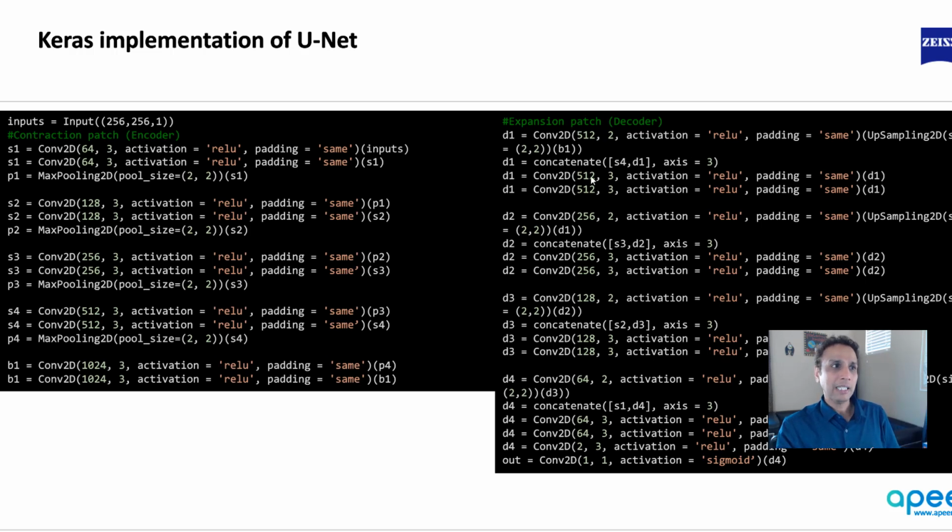In the expansion path, I did convolution operation and then did the upsampling to that size, followed by the convolution operation. So conv and then upsample. When you do conv2D transpose, the conv is right there and the transpose is built in. So you don't do this in two different steps.